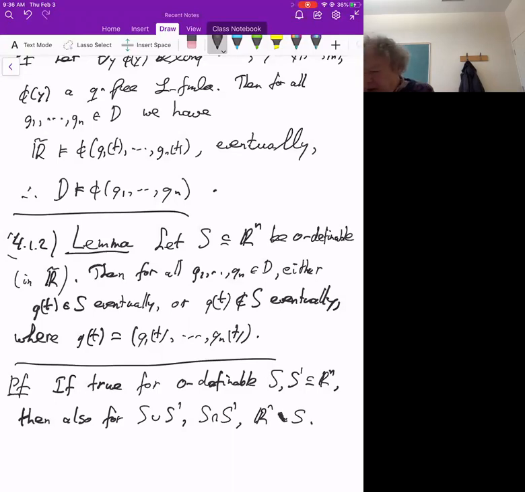And this means you can reduce to the case, because we have quantifier elimination, that S is given by an atomic formula. So this gives a reduction.